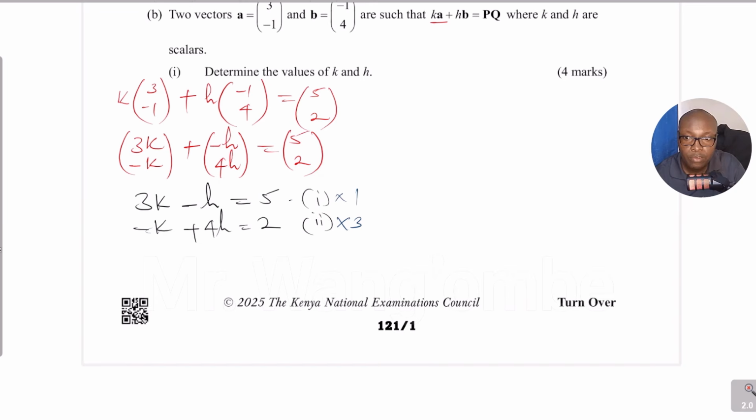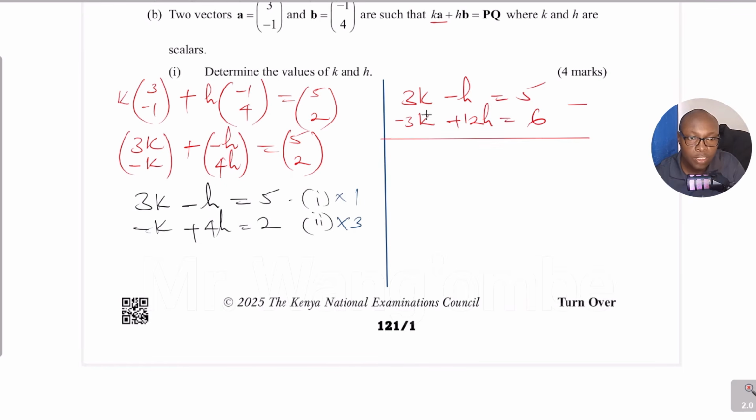So I have this as 3K subtract H is equal to 5. For the second one, I multiply everything by 3. This will be -3K, then plus 12H is equal to 6.